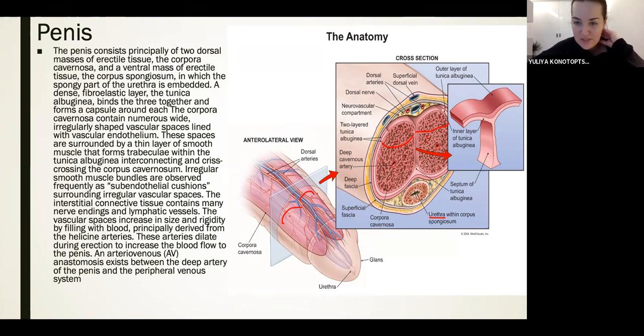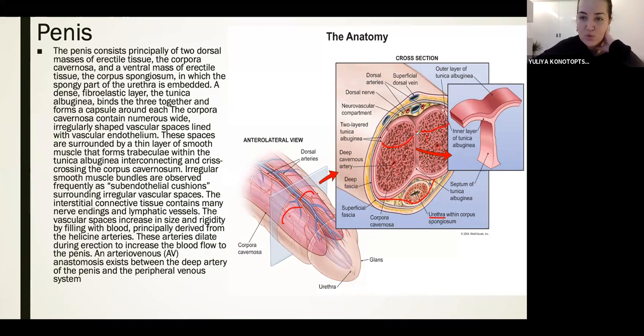Surrounding three bodies together, so two corpora cavernosa and one corpus spongiosum, there will be a super dense connective tissue, which is the tunica albuginea. Okay, so tunica albuginea will be nicely surrounding all three of them because for some reason, this picture shows only the two of them, but in our lecture, they say all three bodies are surrounded by the tunica albuginea.